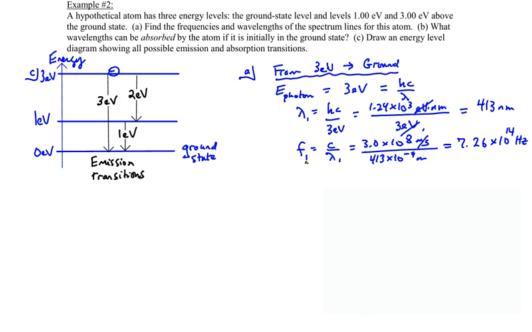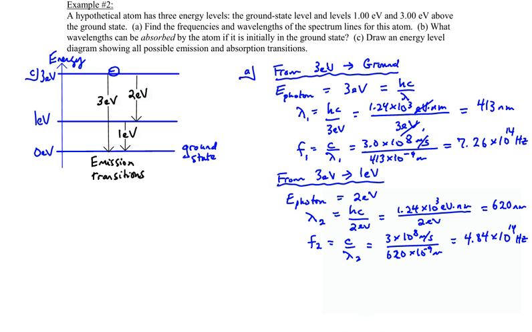Now we continue onwards. We can do the transition from 3 electron volts down to the 1 electron volt state, and we can use the same thing. The energy of the photon will be the difference, which is 2 electron volts, and then you could find the wavelength. You'll get a wavelength of 620 nanometers and a frequency of 4.84 times 10 to the power of 14 hertz. And lastly, we can also do the 1 electron volt level down to the ground state and figure out that wavelength.